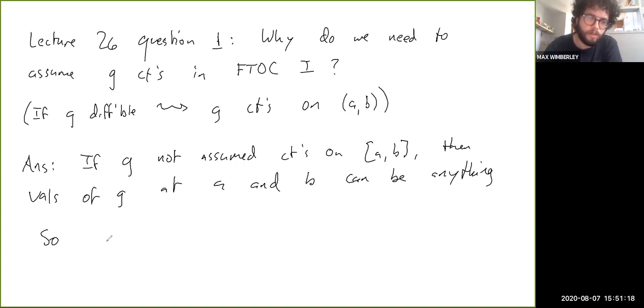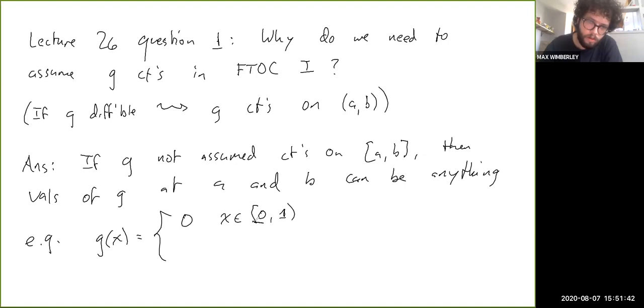For example, we could have g be the function on the closed interval [0, 1] which is 0 for x in [0, 1) and 1 for x equals 1.